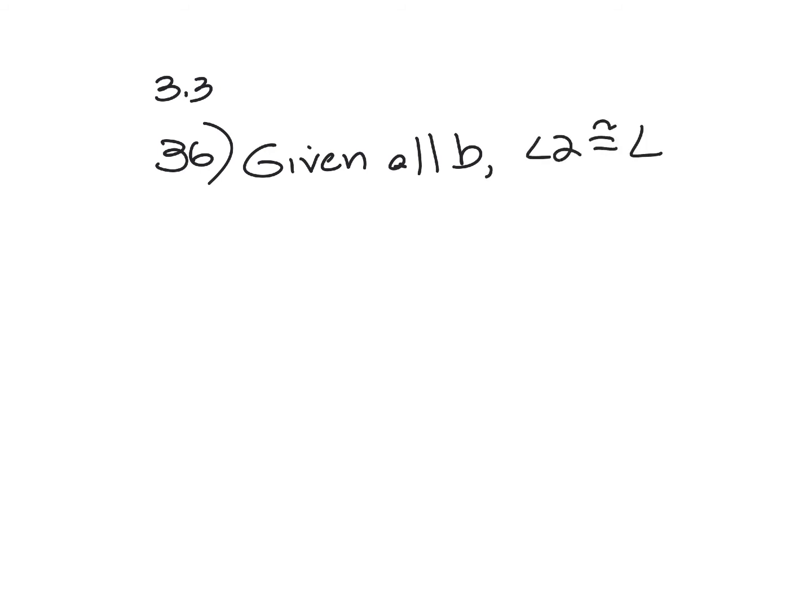So for number 36, from section 3.3, I'm given that A is parallel to B and angle 2 is congruent to angle 3, and it wants me to prove that C is parallel to D. So let me give you the figure.